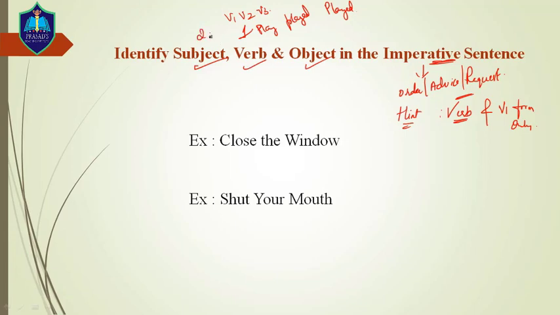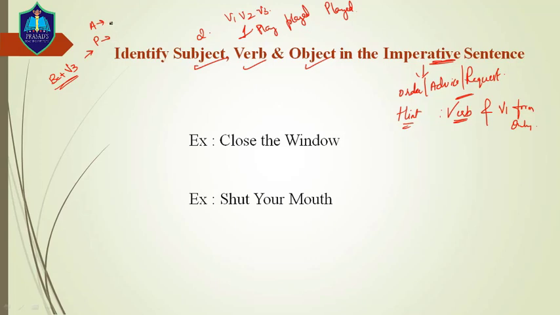Next we have to identify the subject. The very first thing is to identify whether the sentence is in active voice or passive voice. How will we know? If the sentence has the B plus V3 form, then it is in the passive voice.